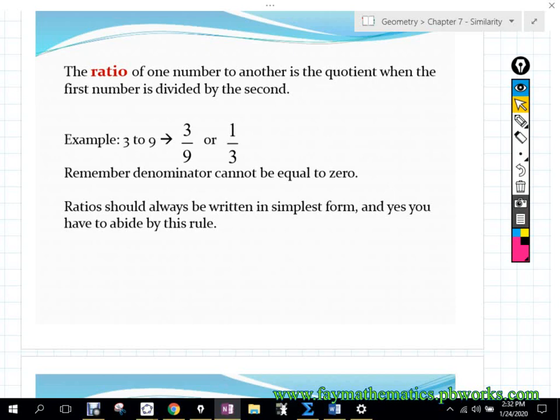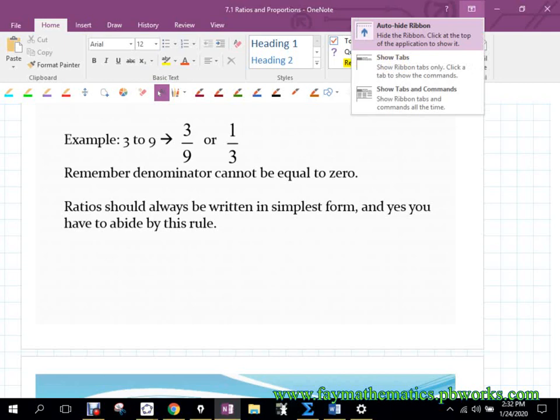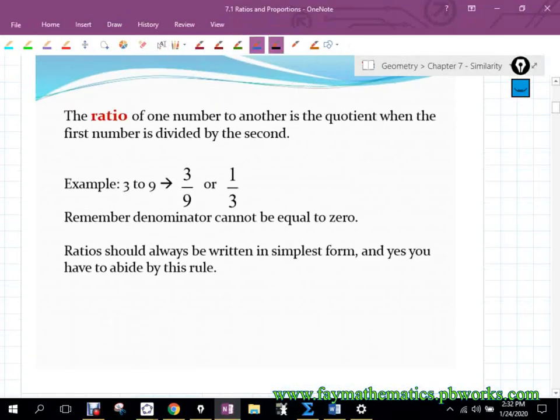We've got a couple different ways of denoting a ratio or writing down that we are dealing with ratios. The first one is not all that conducive to actually doing math with it and doing calculations, but it's writing it this way: 3 to 9. We actually use the word "to" in between. Sometimes we will elaborate on that and say 3 compared to 9.